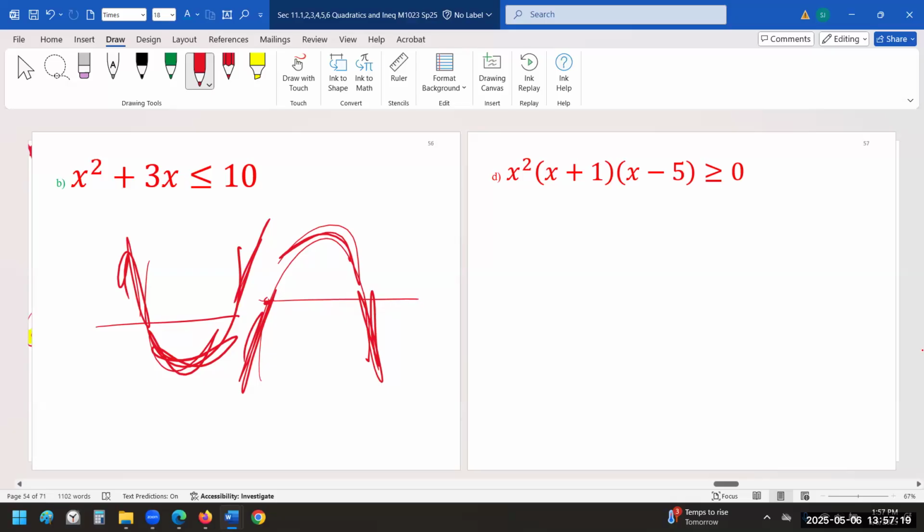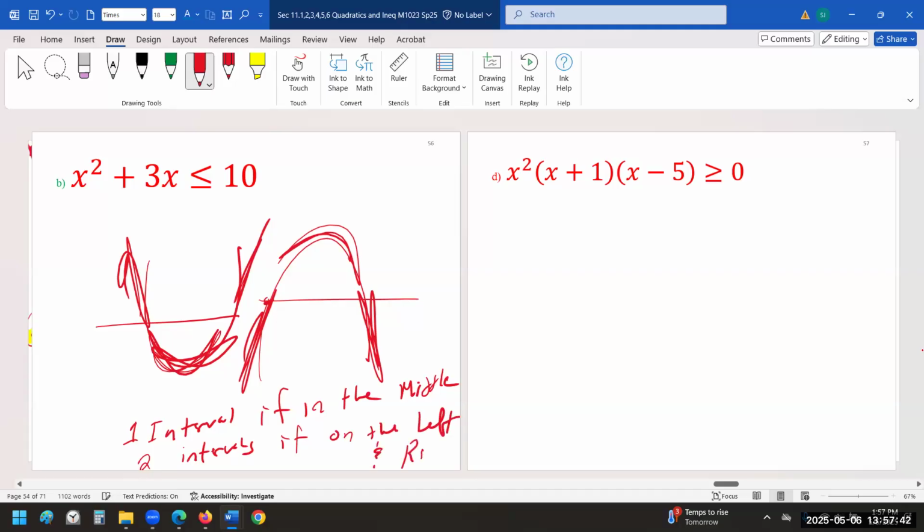So a solution set will have either 1 interval if it's in the middle, and it will have 2 intervals if it's on the left and right.